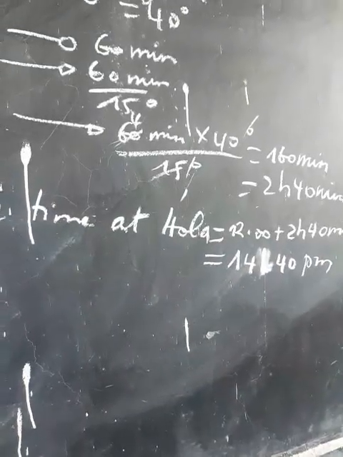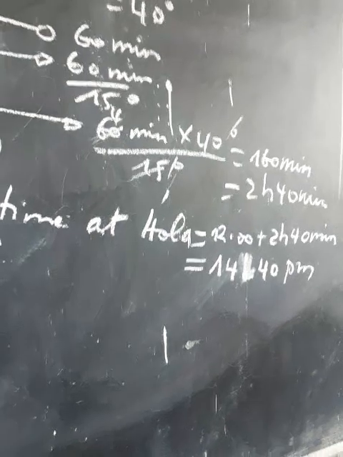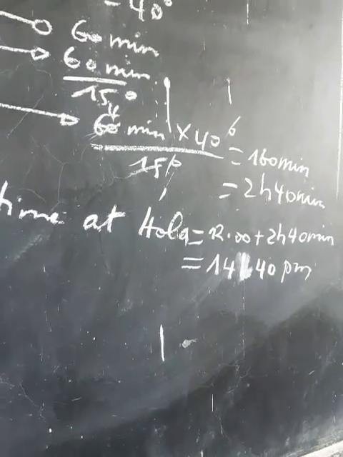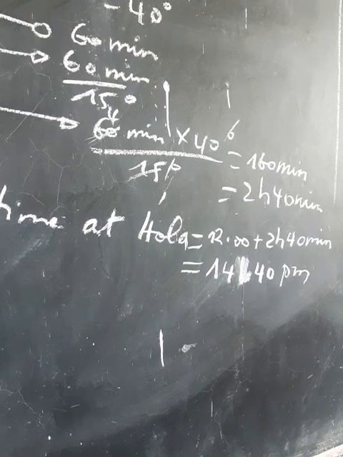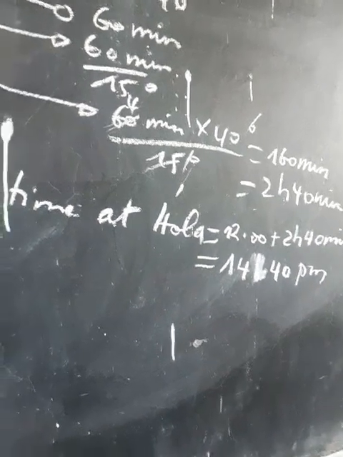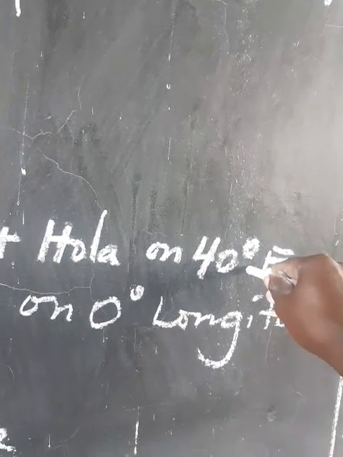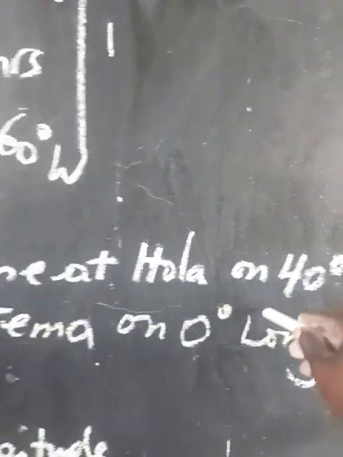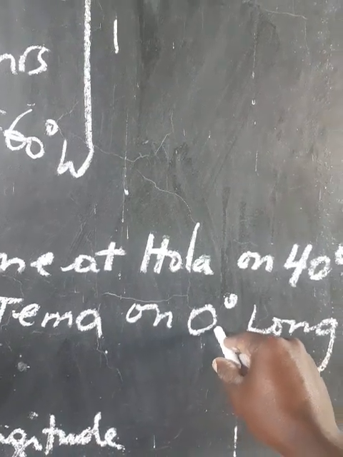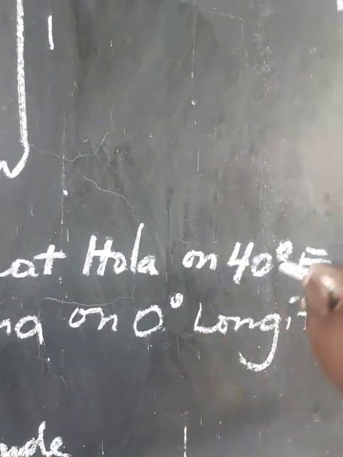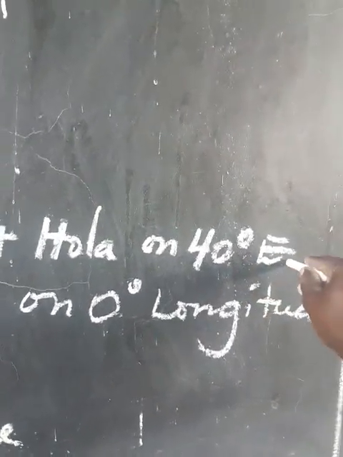Then the time at Hora. How do we find the time at Hora? We first see, when we are coming from Hora going to Tema, are we going to the western direction or to the eastern direction? Since Hora is located at 40 degree east and Tema is located at 0 degree of longitude, it means from this 0 going to Hora, which is located at 40 degree east, we are going to the eastern direction.